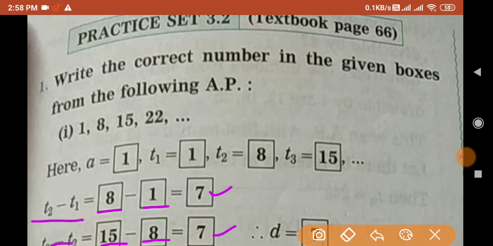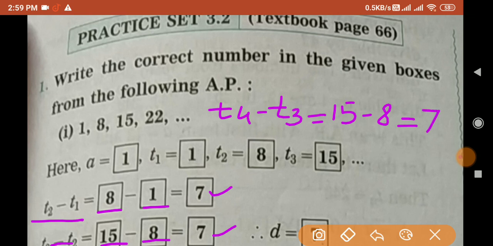And if we take the difference between the next two consecutive terms, that means T4 minus T3, here again we get the value 7. If you observe, you notice that the difference between two consecutive terms is the same. Therefore the value of D is equal to 7.